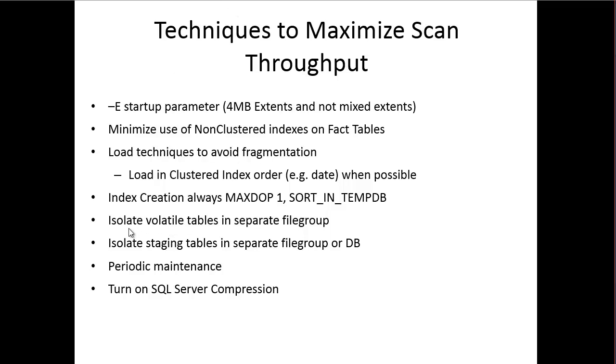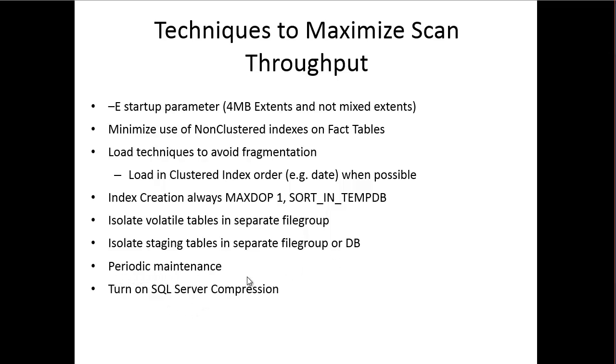If you have volatile tables, you might want to separate those into separate file groups. If you recall from a video from before, the Quick Start Data Warehouse actually has this. It has a separate file group for volatile data that has lots of DML operations going on in it, and tables as well.